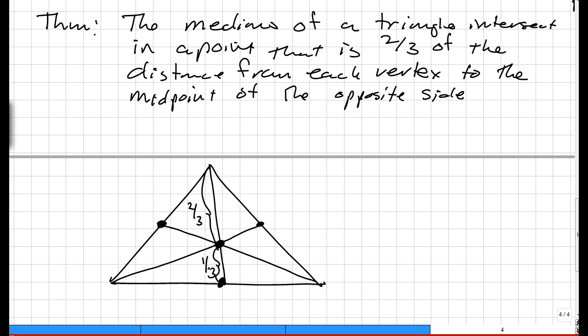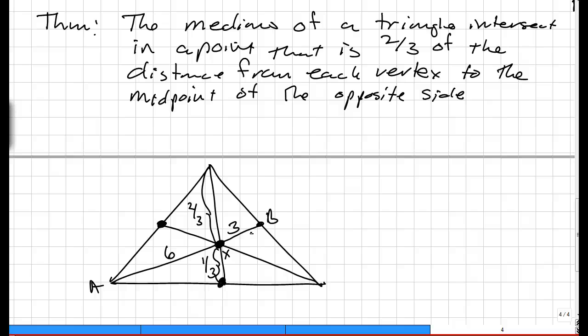Okay? So it's saying, let's say this is point A, this is X, and this is point B. Okay? So if AX has a length of 6, then XB has to have a length of 3. Okay? Because that gives us 9, and 2/3 of 9 is 6.